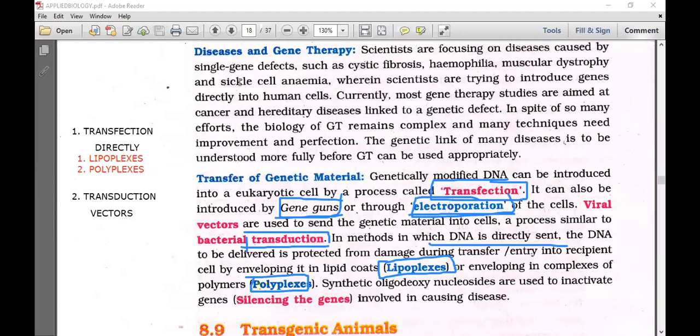We send by using a gene gun, or electroporation. All these are given here itself. That means for transfection, gene gun and electroporation. Because you may know how we introduce with the viral or bacterial vector, the PBR322 you learned, isn't it? So gene gun and electroporation for transfection, and vectors for transduction.